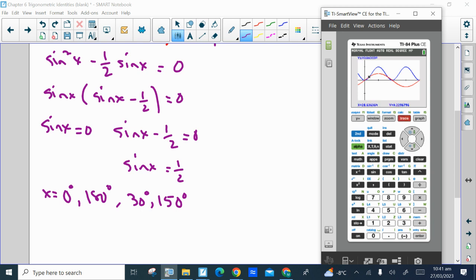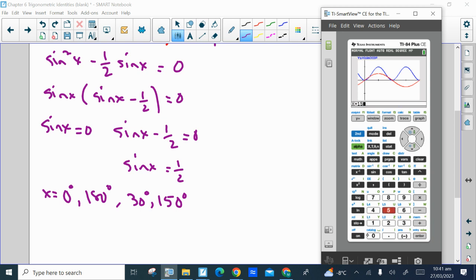So if we go into our trace mode, right now we're on the first equation, sine of x all squared, which has no restrictions, but the second equation has tan x. That's where we're going to have our restrictions. So if we check our points, 0 is a point on that graph. Trace, checking 30. That is a point on that graph because we get a y value return.